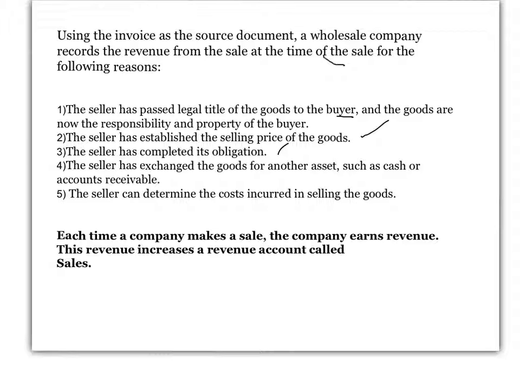The seller exchanged the goods for other assets, such as either cash or accounts receivable, and the seller can determine the cost of goods sold or the other costs incurred in selling it. Now, each time a company makes a sale, a merchandise company that is, the company earns revenue. This revenue, though, is called sales.